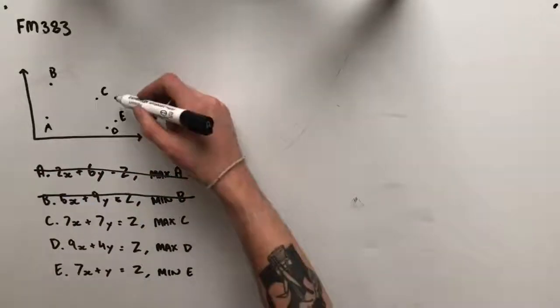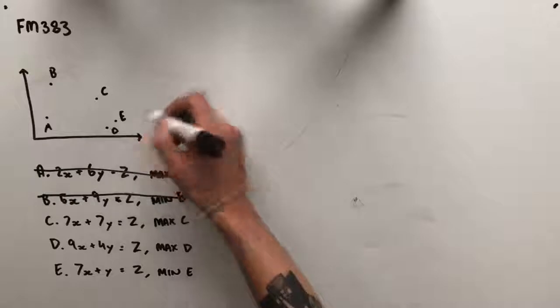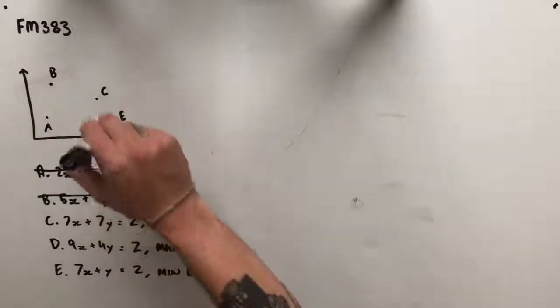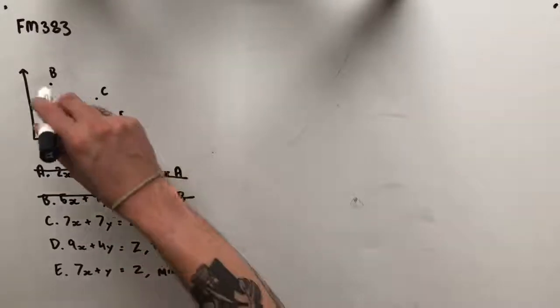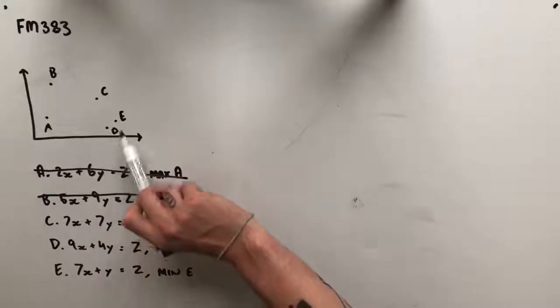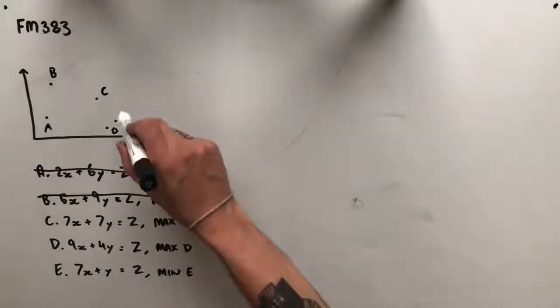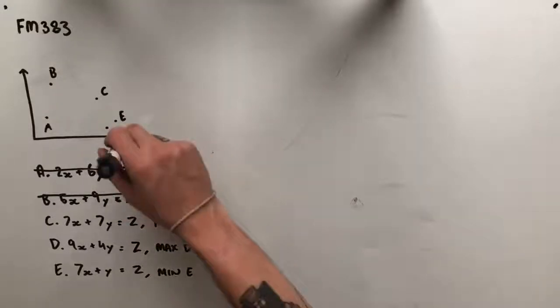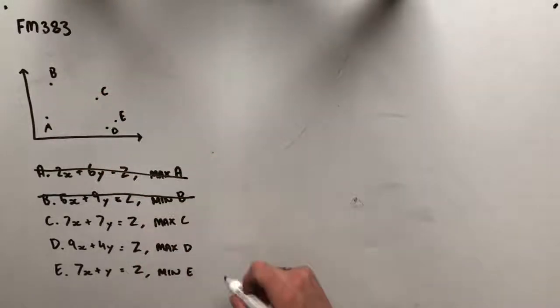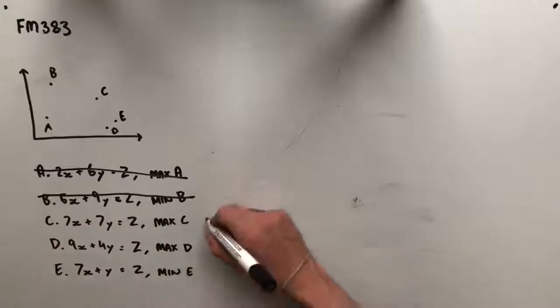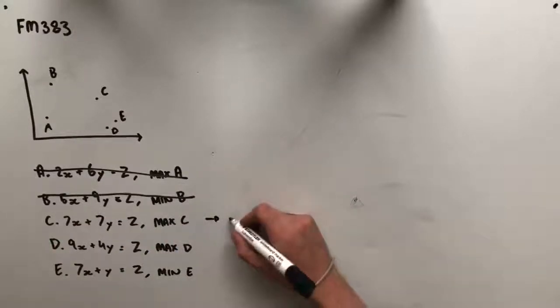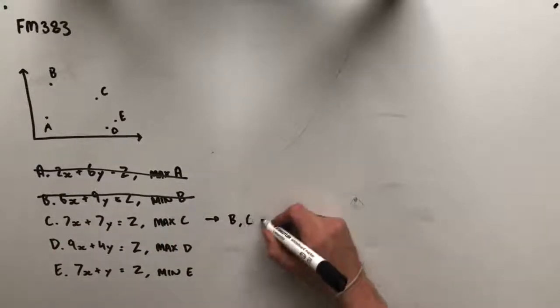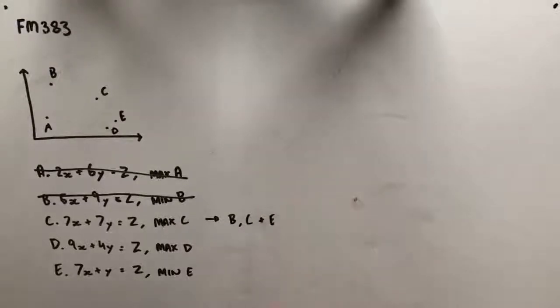And E has a lesser y value, but a greater x value. So it's highly likely that one of these three is going to be our maximum. The reason D isn't included is because E has a greater x and y position than D, so it's definitely not going to be D. We're going to come back to option C and check B, C, and E to see which one of those is the maximum.